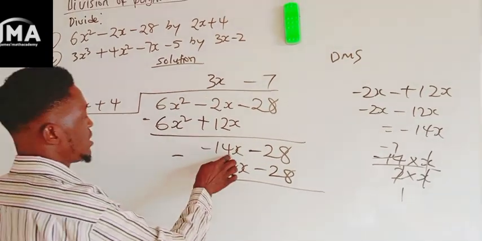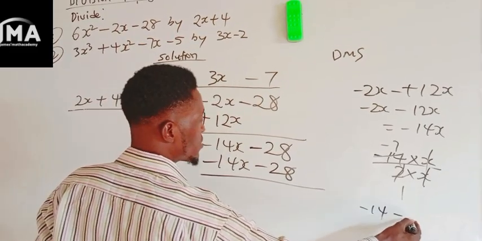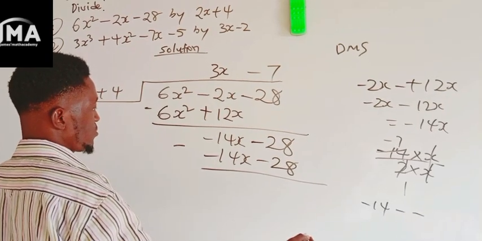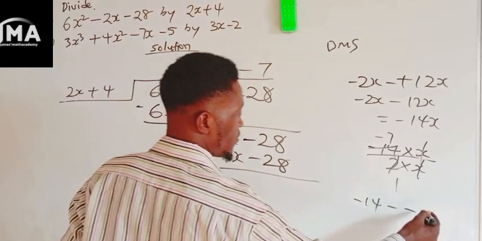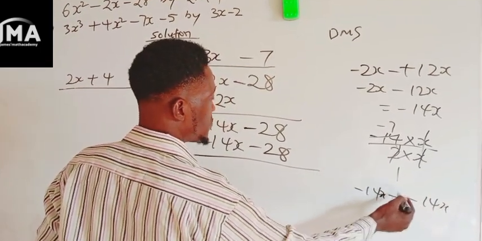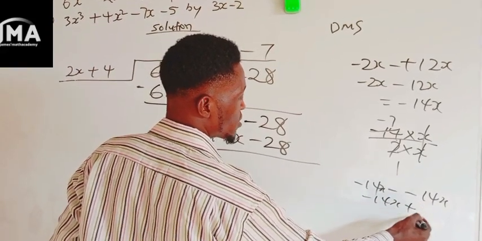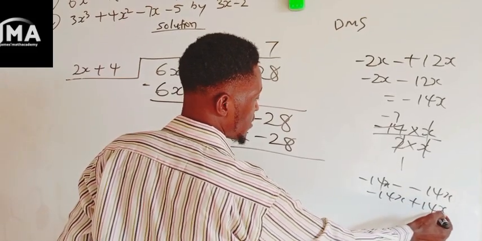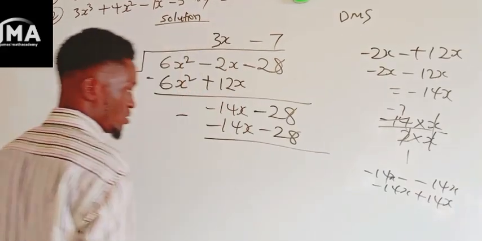So minus 14x minus minus 14x. Minus 14x, minus minus is plus, so plus 14x. So minus 14x plus 14x is equal to 0, isn't it?